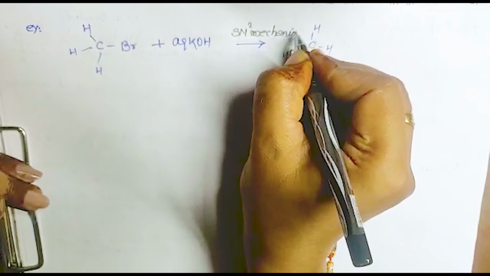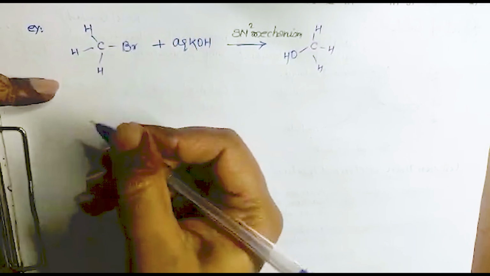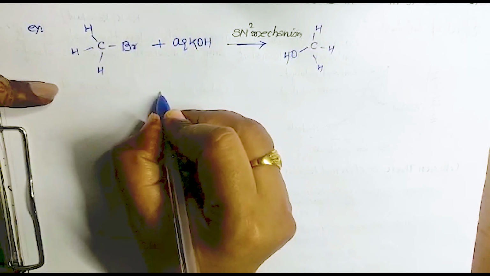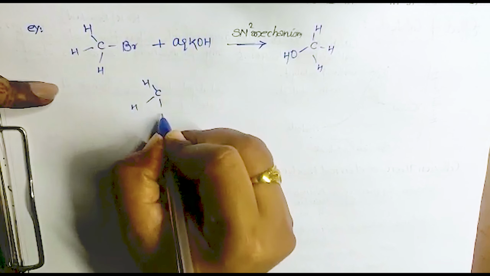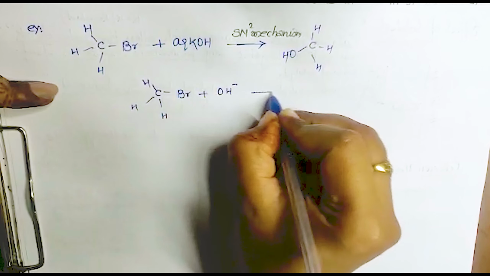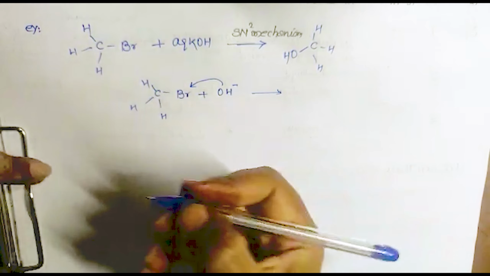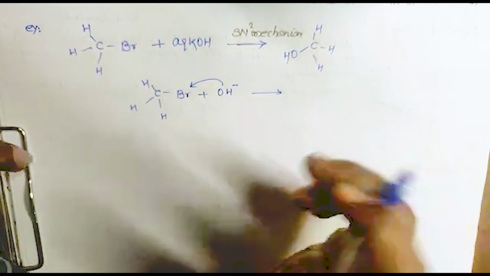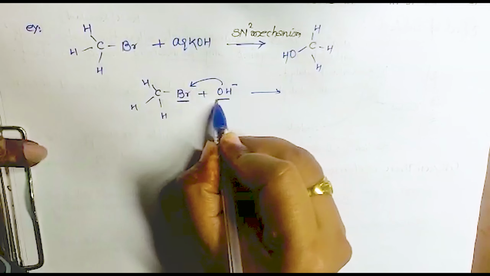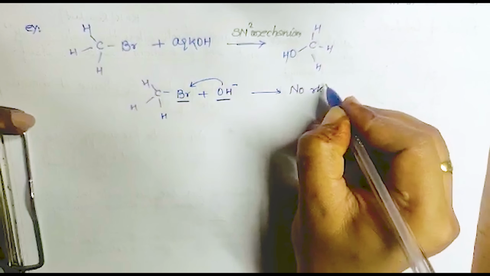What will happen if, in this reaction, there are two ways? In one, OH minus reacts from the front. Will there be any reaction? No, because the leaving group is also a nucleophile-like, they will repel each other and there will be no reaction.